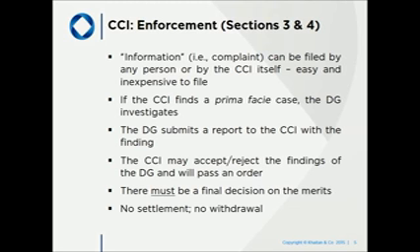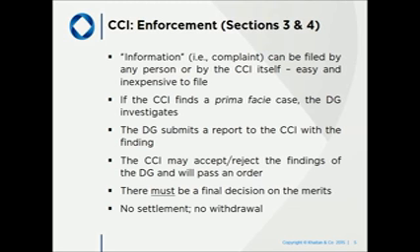Keep that in mind. Now, what happens when a complaint is filed with the CCI is that the CCI looks at that complaint or information and makes a prima facie determination as to whether there may actually be a breach of the Competition Act or not. That is not a final ruling, it's just a prima facie ruling, and if the CCI makes that ruling, it then refers the complaint or information to its Director General, or the DG as we call it today.